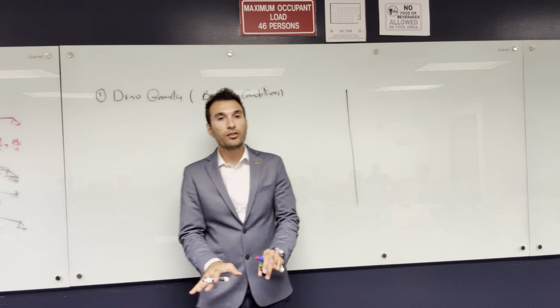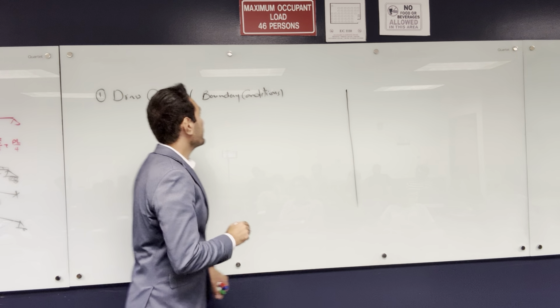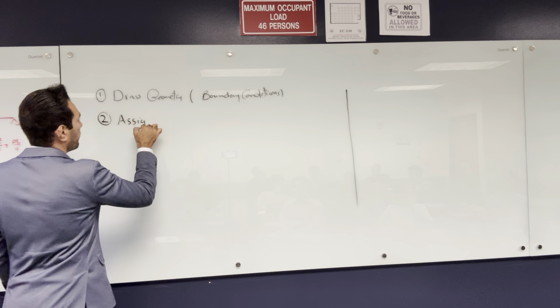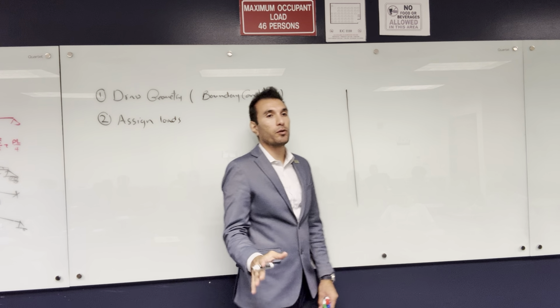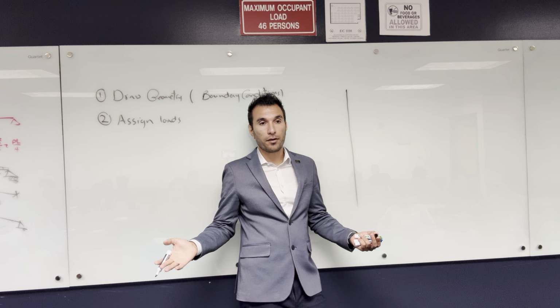Once the geometry of your structure is built inside the software, the second step is to assign loads. The thing is, if you draw the geometry of your structure and you run it and there are no loads, everything's going to be 0.